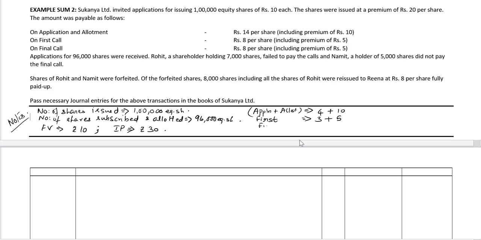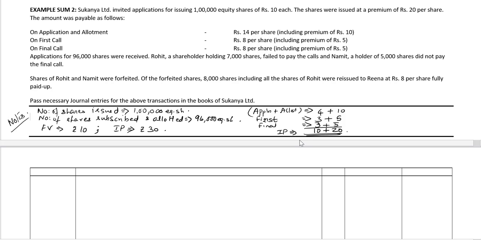And the final call is again 8 per share including a premium of rupees 5, 3 plus 5. So we have the total coming up to the issue price of rupees 10 plus 20.